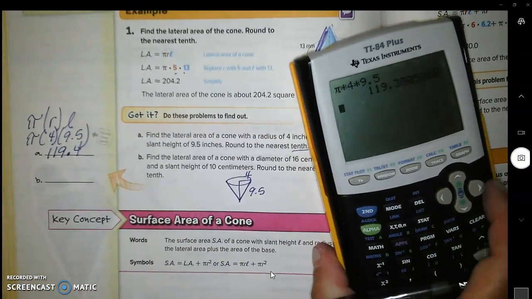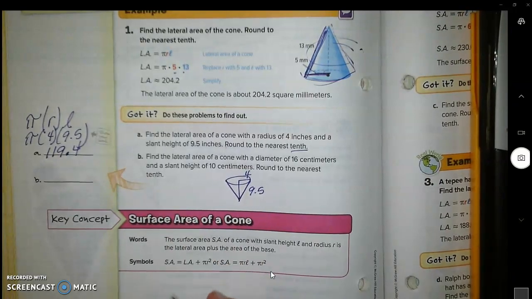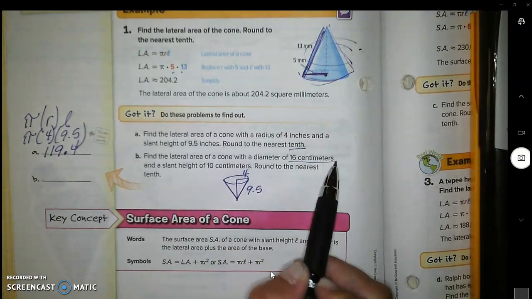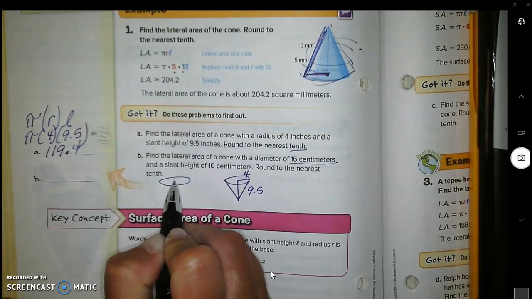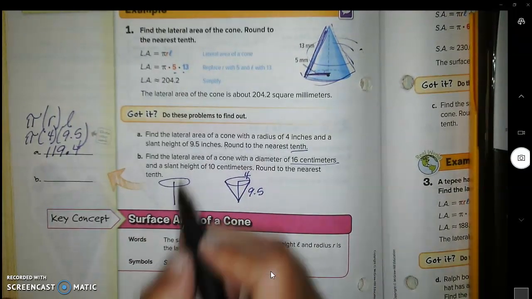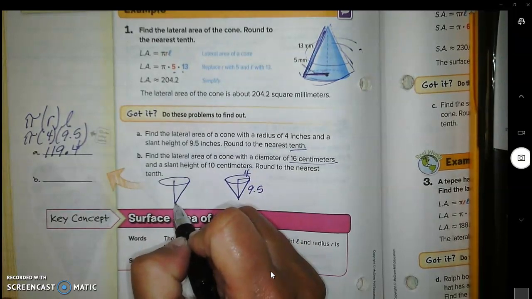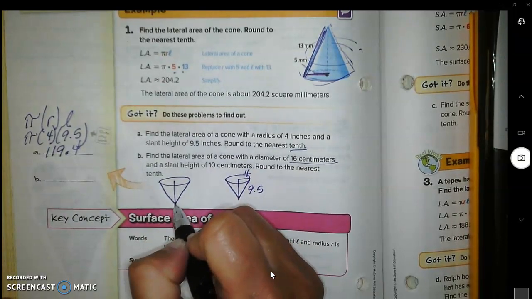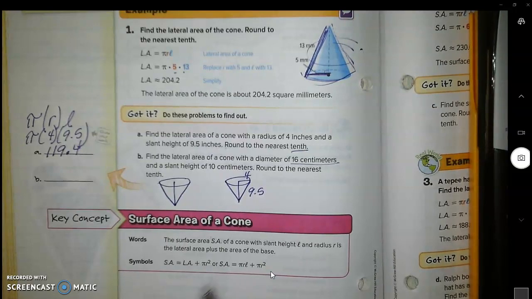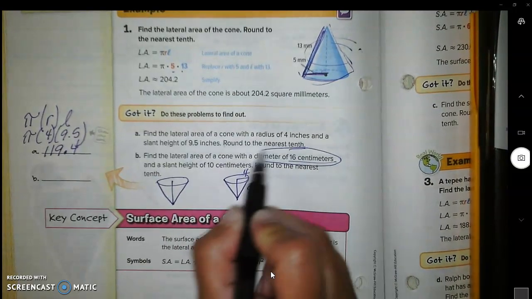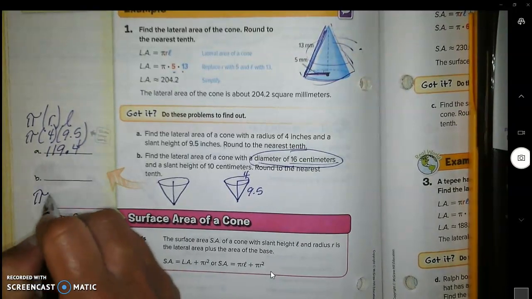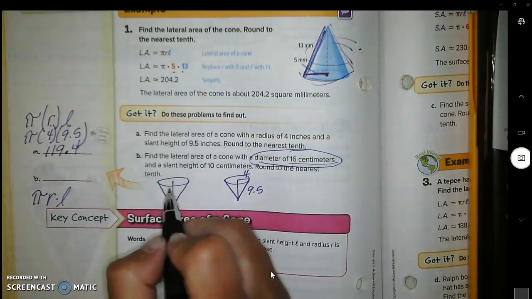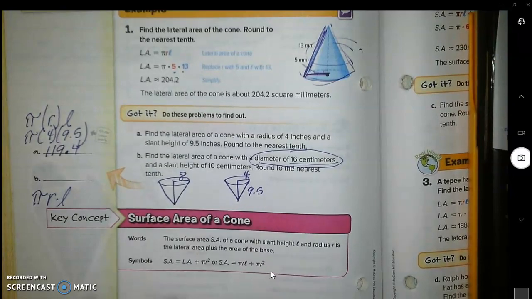Done. All right, letter B, lateral area of a cone. This time there's a diameter of 16. Let's go draw that picture again. So make an oval, put a dot in the center and draw a line. We're going to connect from the one side of the oval to the other side of the oval to the bottom of our line. This says that the diameter is 16, and our formula says pi r L. We need a radius, and so our radius is going to be 8.